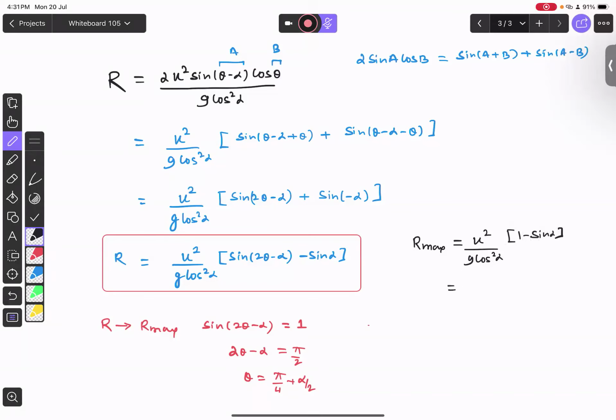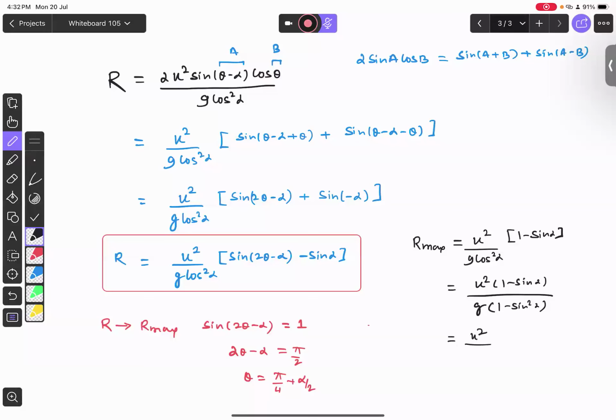This denominator we can write as 1 minus sin square alpha, and 1 minus sin square alpha we can write as (1 plus sin alpha)(1 minus sin alpha).